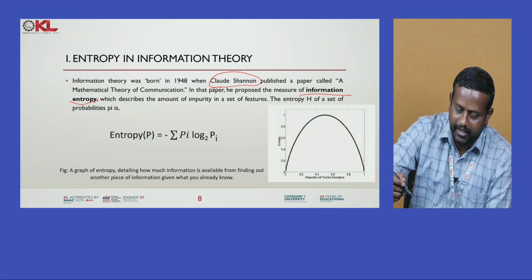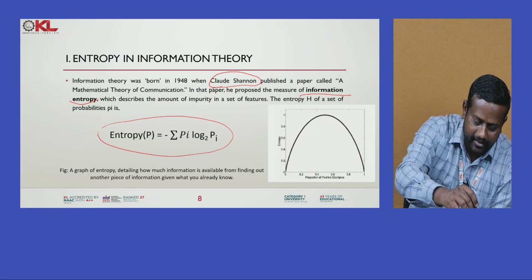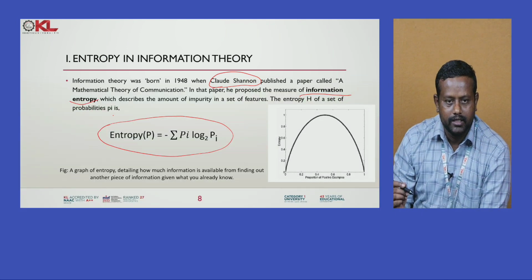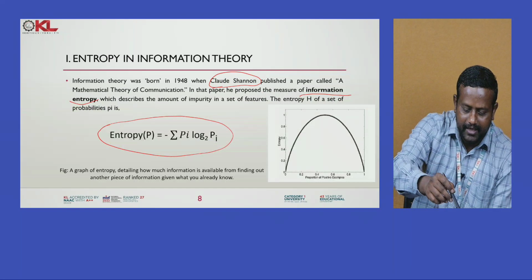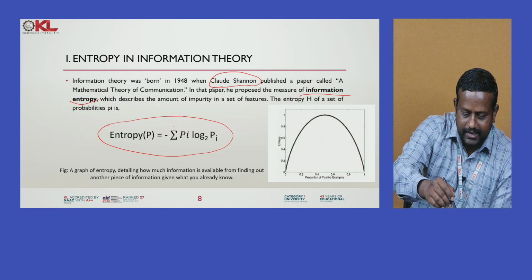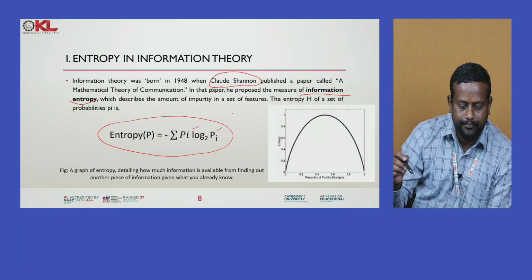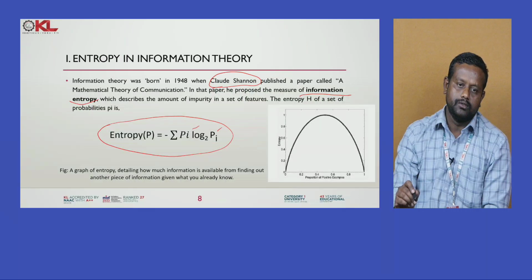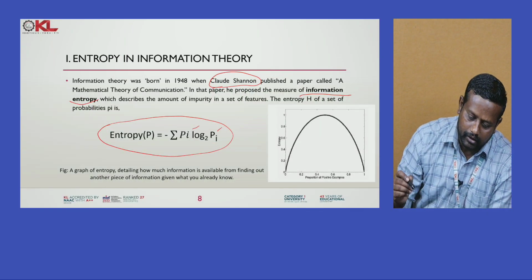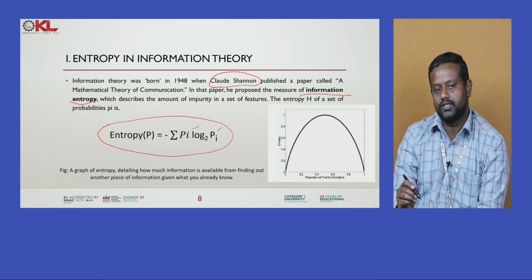The entropy H of a set of probabilities is calculated with this formula: the entropy of P is equal to minus the summation of Pi log 2 Pi. Here Pi is the probability of each feature included in this calculation to find the entropy value of the feature.